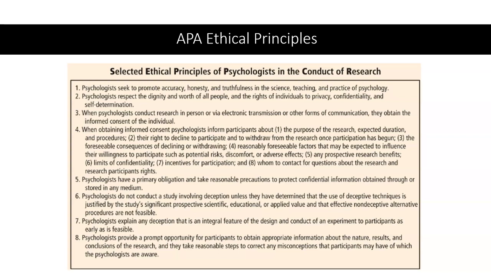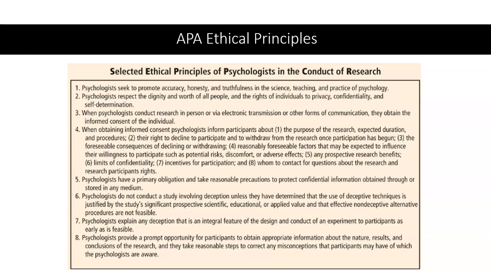When we conduct research, in whatever form, informed consent is required. When obtaining informed consent, we have to give certain pieces of information. We have to explain the purpose of the research, how long it's going to take, and what procedures are going to be used. We have to give people the right to decline to participate and to withdraw at any point in time. We have to explain any foreseeable impacts that their willingness to participate has, like potential risk, discomfort, adverse effects.